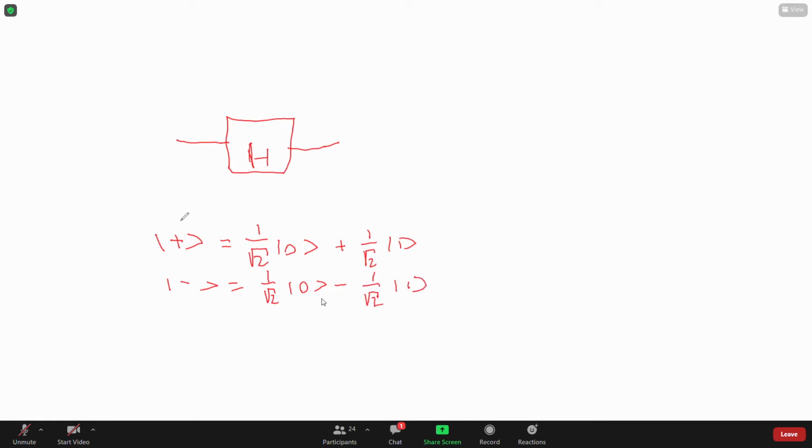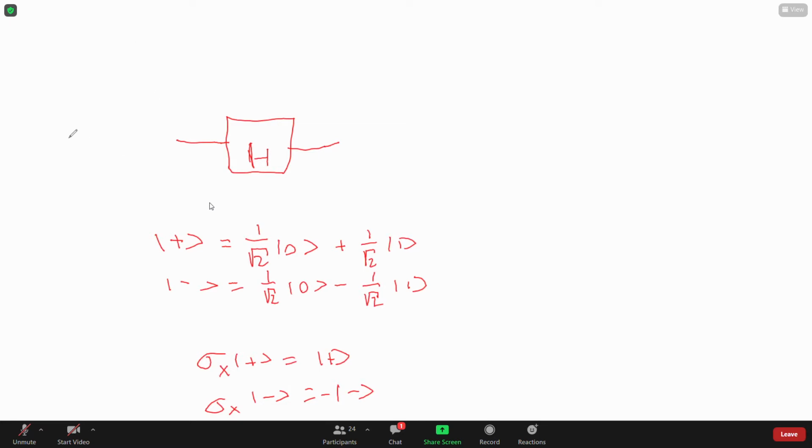These ones are the eigenstates of sigma x, right? So if I take sigma x on plus, then I get the state plus. And if I take sigma x on minus, then I get minus. So these are eigenstates of sigma x.